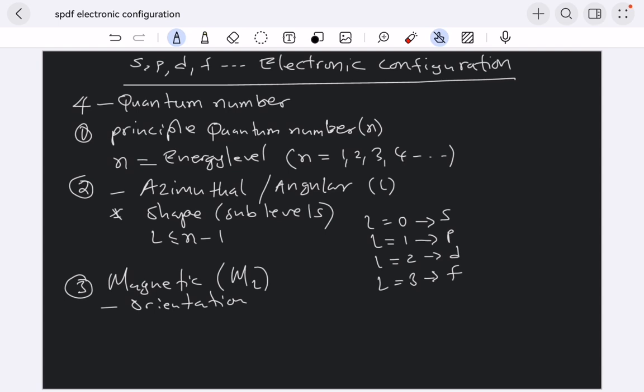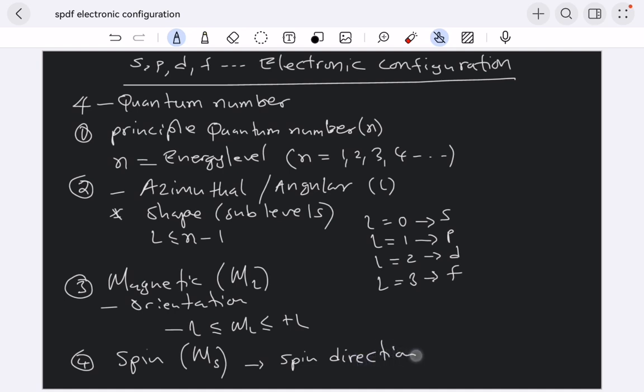Then it's given by negative L less or equal to ML less or equal to positive L. Then the last quantum number is the spin quantum number, denoted by M sub S. So this focuses on the spin direction of an electron, which means the up spin and the down spin.